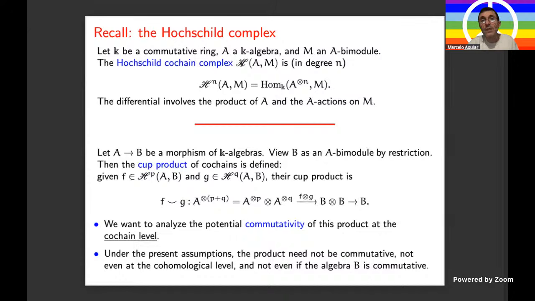So the Hochschild cohomology of an algebra with coefficients of a bimodule is something that can be defined. And it is defined as the cohomology of a certain complex, the standard Hochschild complex. And we want really to focus our attention on the complex.